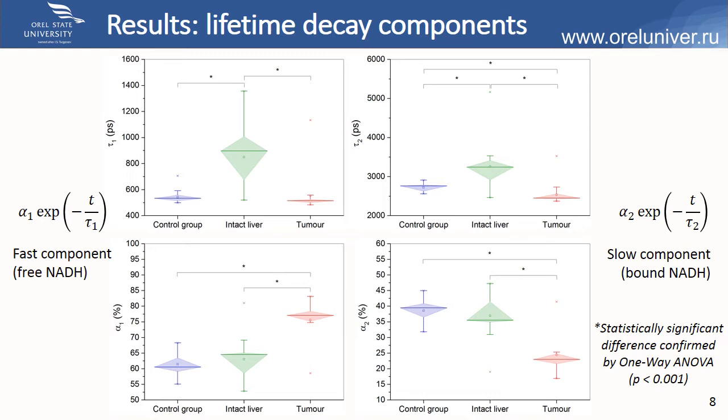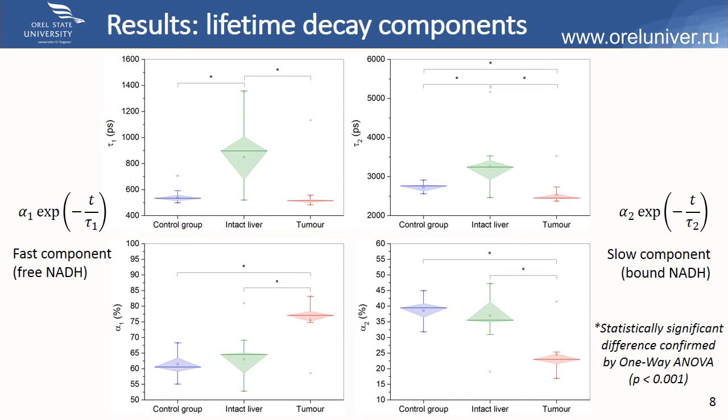It can be observed that these components are low in the control group as well. While the amplitude contribution of the fast component is high in all the types of tissues, the tumors demonstrate significant increase of fast component contribution, so its value is almost 3 times higher than the one of the slow component.